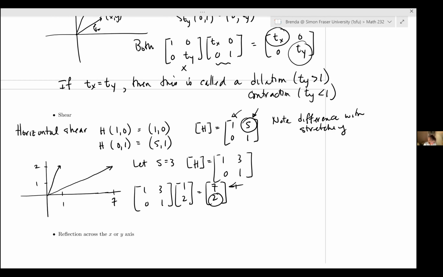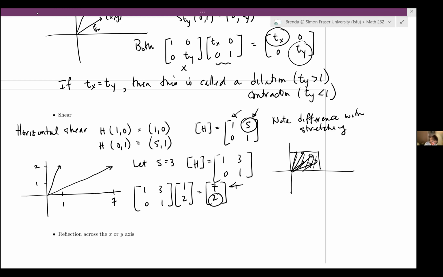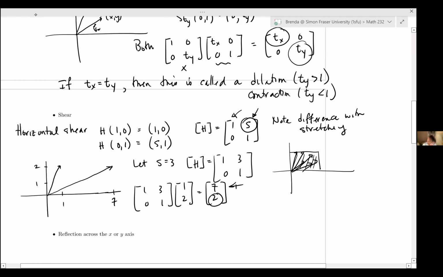What you want to be thinking about is you can imagine a box like this. You consider all the vectors in that box, just imagine all the vectors there. Then you apply the horizontal shear matrix to them, and you end up with a parallelogram. That's a horizontal shear.